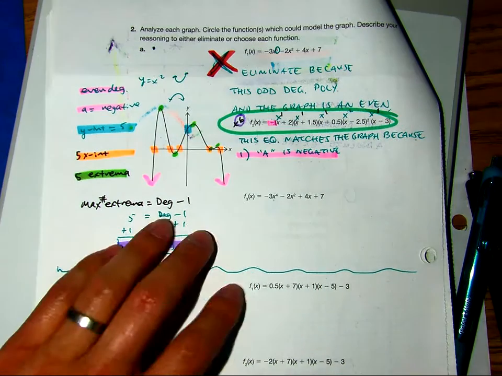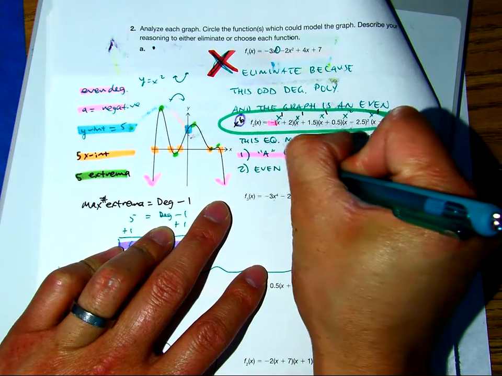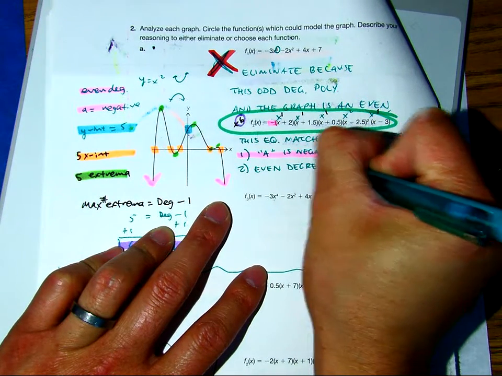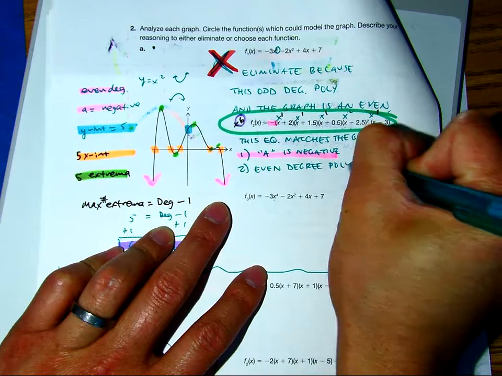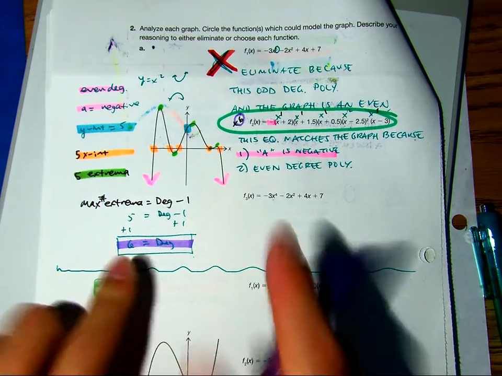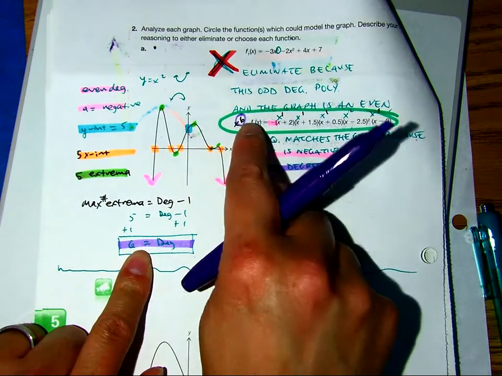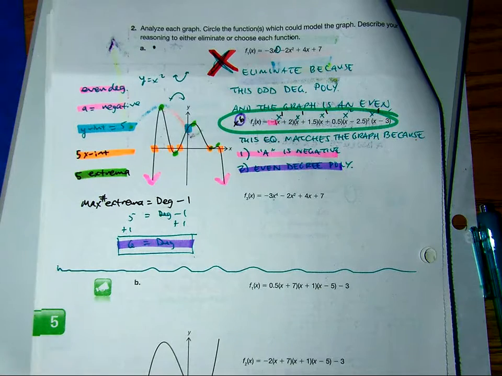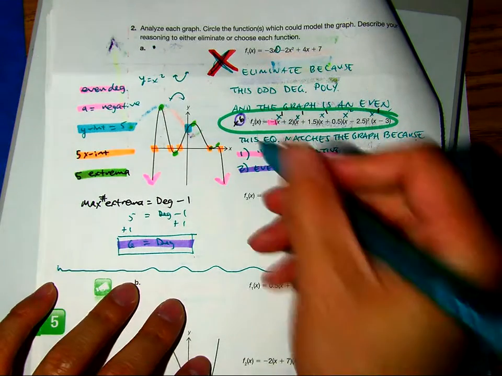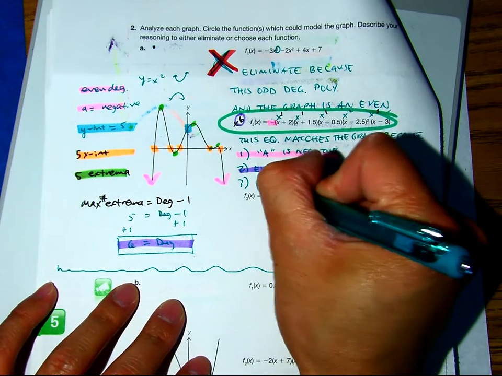It's an even degree polynomial. Remember, you're going to be doing this for your projects, so it's good to pay attention. So 6 is an even degree polynomial, and we know ours is because it's also purple. And then the last one is there are 5 x-intercepts.